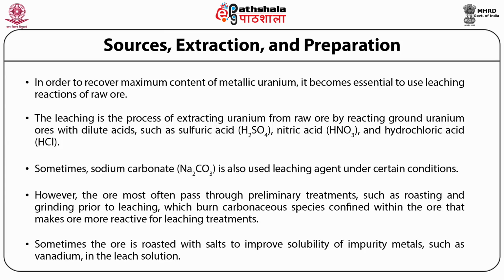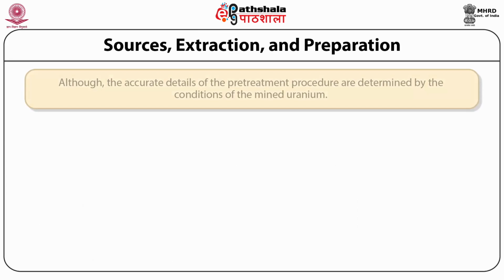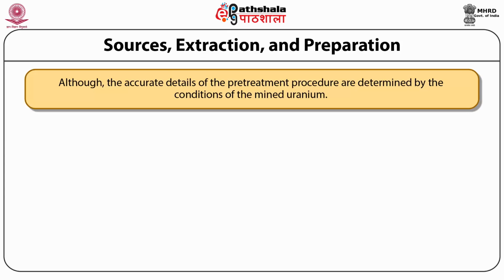Sometimes the ore is roasted with salts to improve the solubility of impurity metals such as vanadium in the leach solution, although the exact details of the pre-treatment procedure are determined by the conditions of the mined uranium.